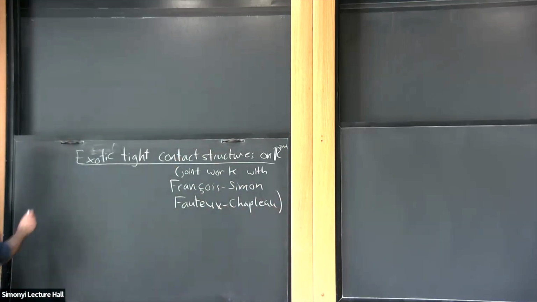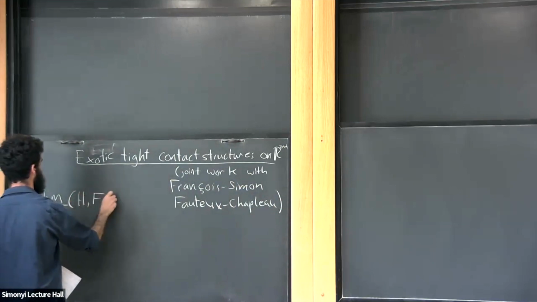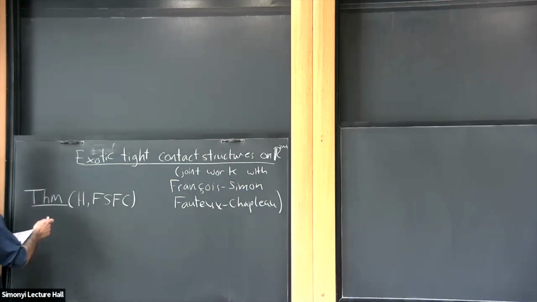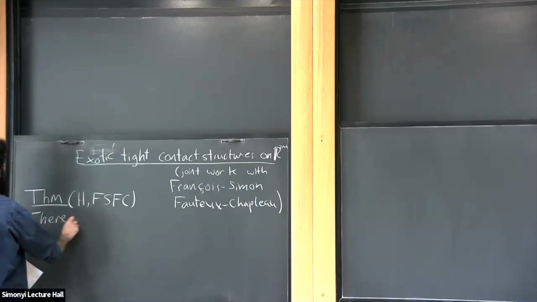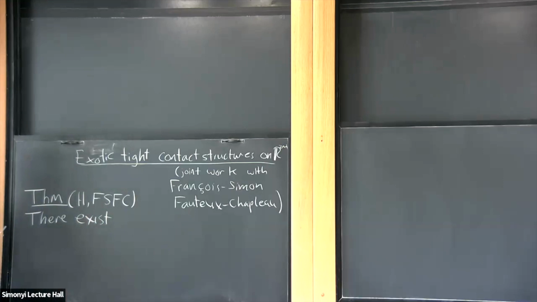So I want to tell you about this theorem of ours. Okay, you can guess what it's going to be. There exist exotic type contact structures on R^{2n-1}.